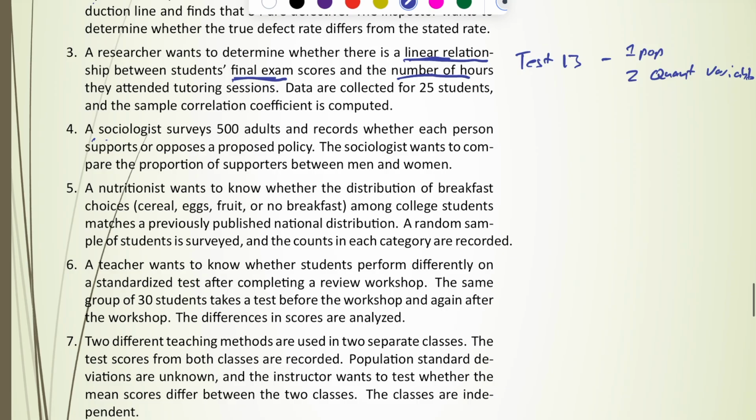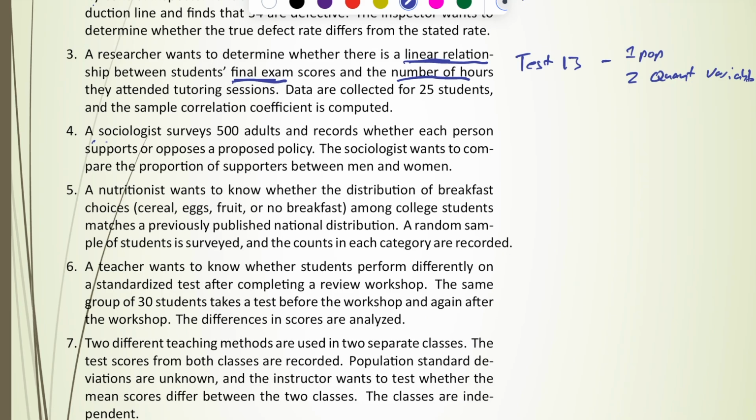A sociologist surveys 500 adults and records whether each person supports or opposes a proposed policy. The sociologist wants to compare the proportion of supporters between men and women.